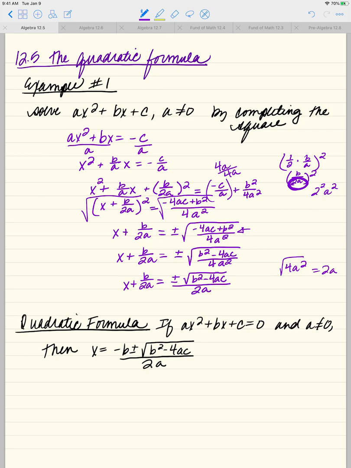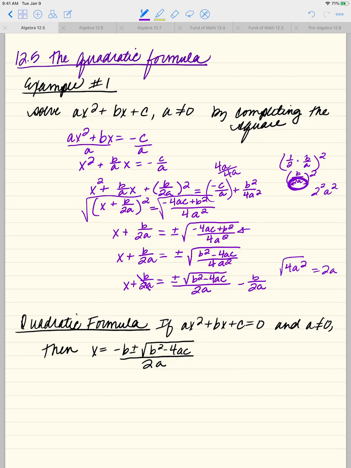Now remember, I'm solving for x, so I'm going to subtract b over 2a from both sides. So I'm just going to cross that out there since I'm running out of space and do that subtraction over here. B over 2a. So x is equal to this plus or minus square root of b squared minus 4ac over 2a minus b over 2a. Okay, notice I have a same denominator.